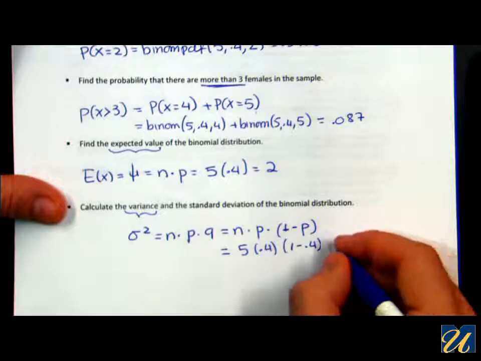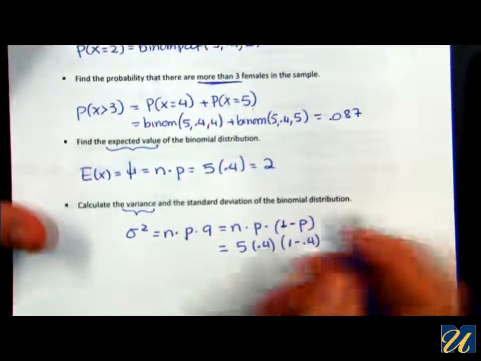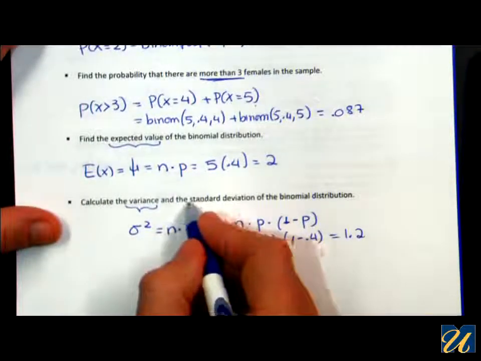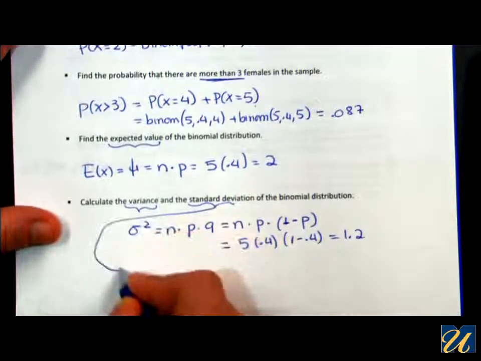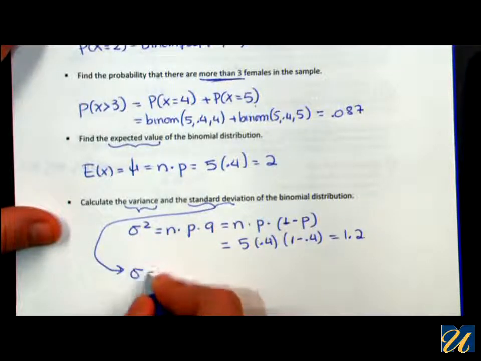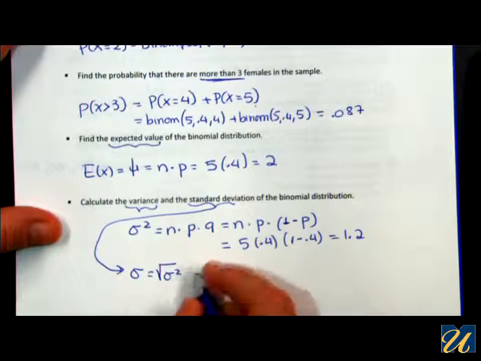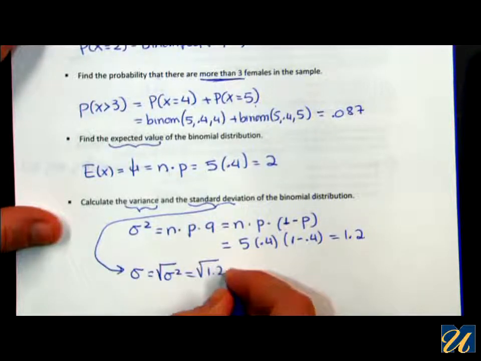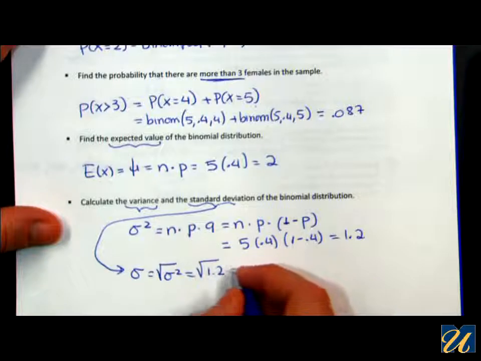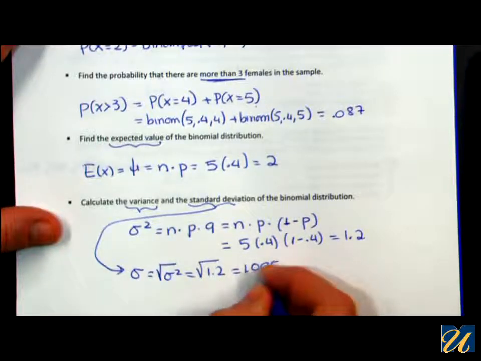So this is going to be equal to 1.2. And for the standard deviation, sigma, we simply take the square root of your variance, square root of 1.2, and this is equal to 1.095.